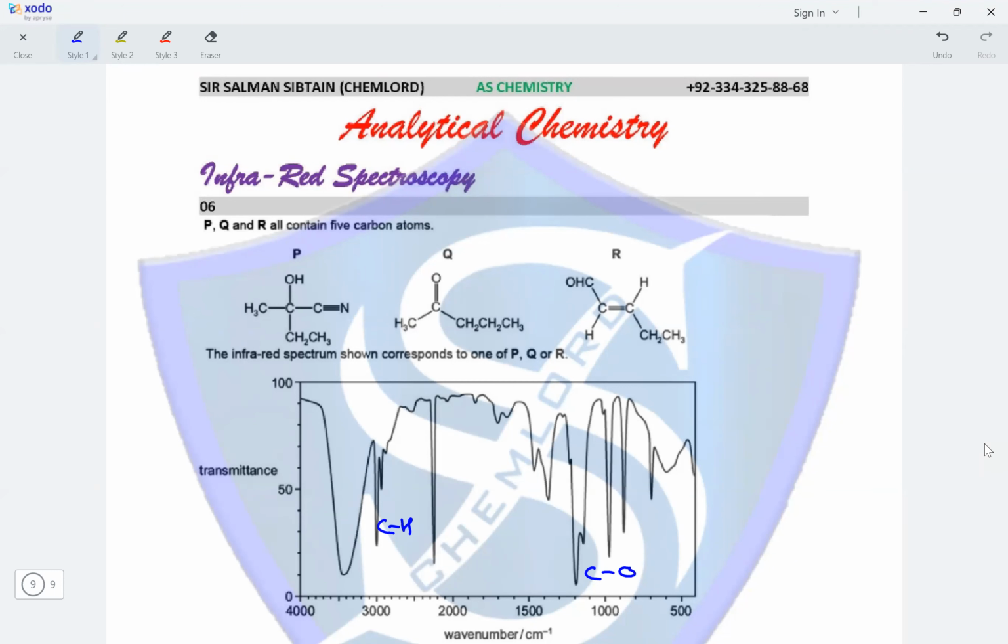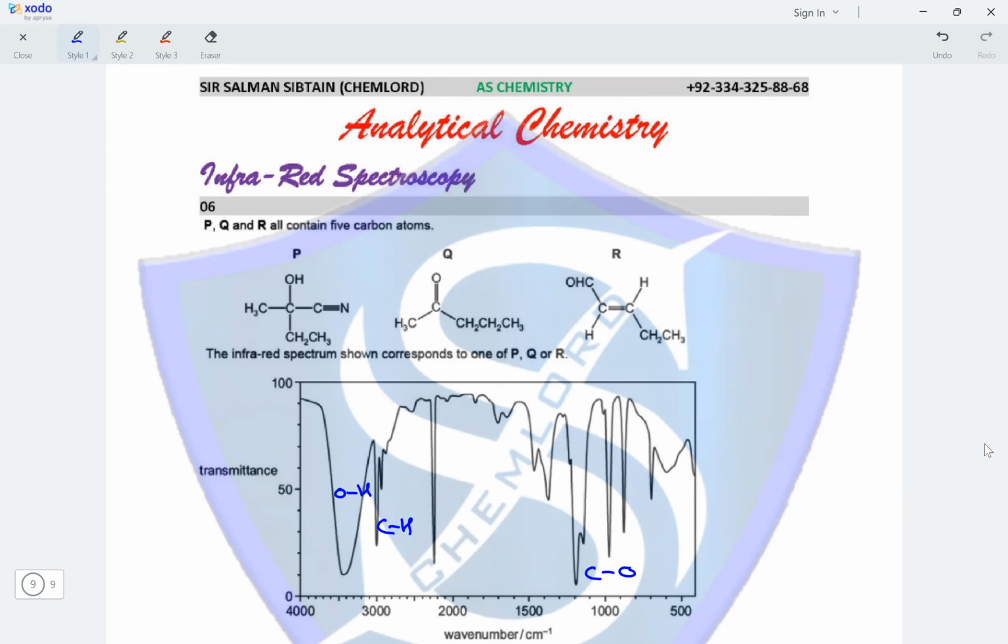C single bond O is only there in P because all the rest of them have a C double bond O group. And we have an OH group corresponding to an alcohol, and that is only there in P. So this structure appears to be P.